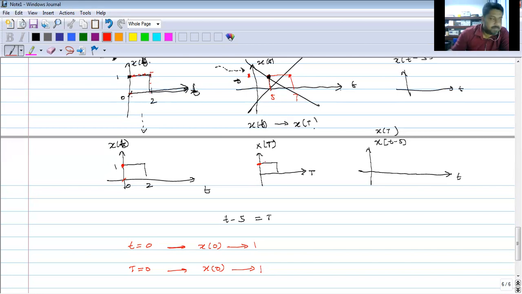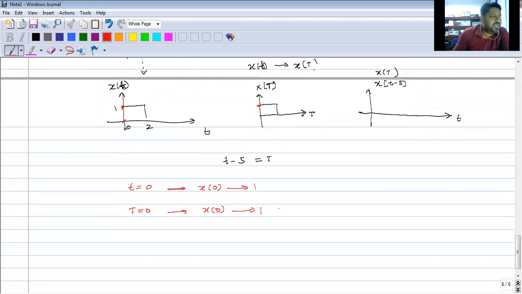But now you need to find x(T), for this signal, the same amplitude is here. But now you want to plot it with respect to simple t. So you want to find the point at this simple t.